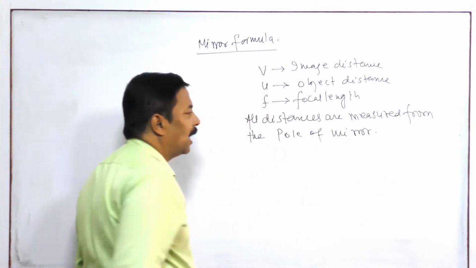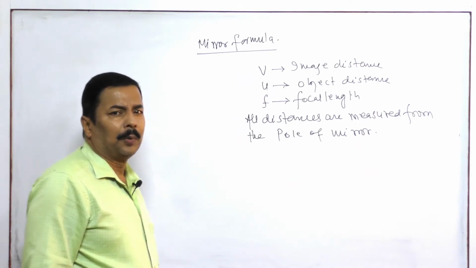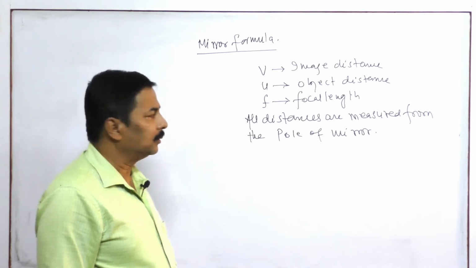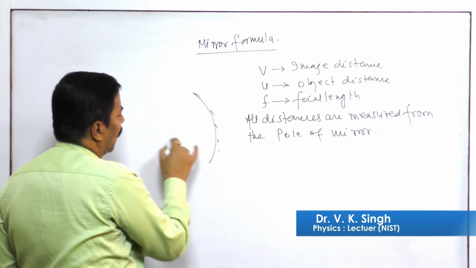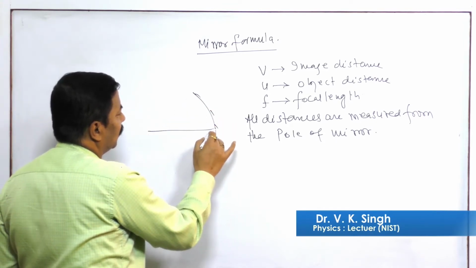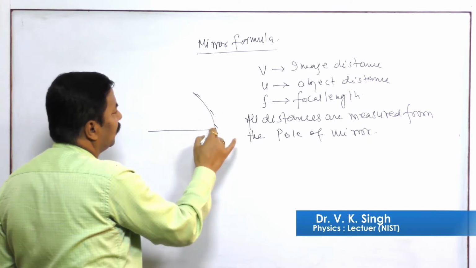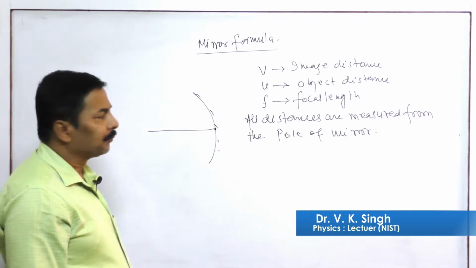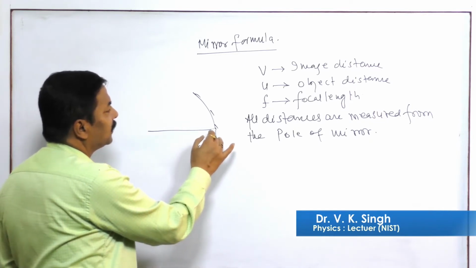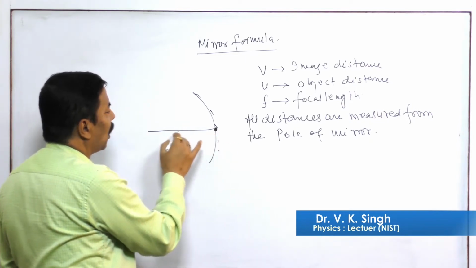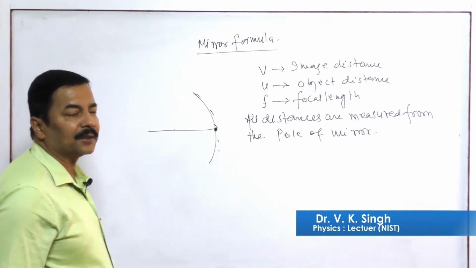One thing I would like to clarify: pole is not a fixed point. Suppose this is the mirror that I have taken, and here in the middle point we call it the pole. This is the convenient point from where the object distance and image distance are measured.